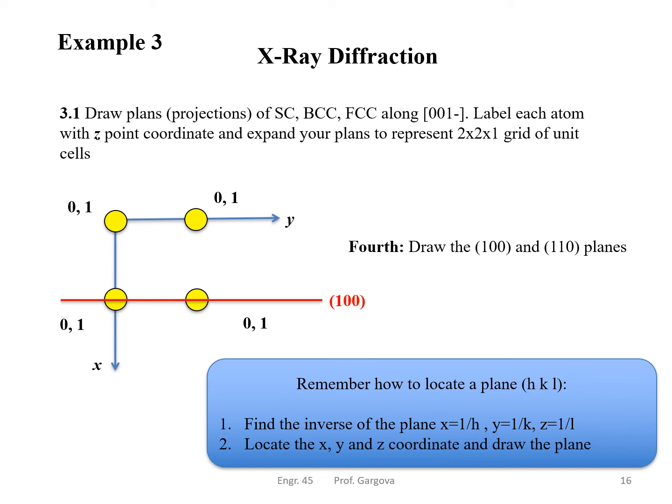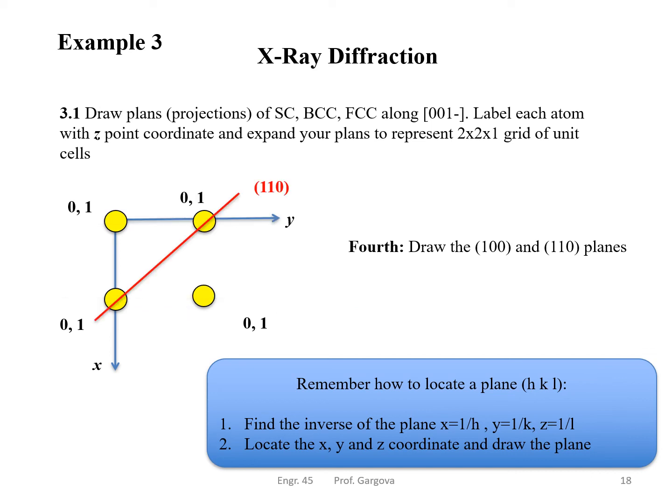So it's 1 over in the X direction, infinitely touching the Y axis, infinitely touching the Z axis. So it looks something like that. If you were to draw a family of 1, 0, 0 planes, that's how it will look.